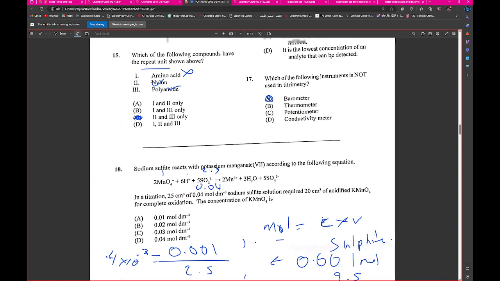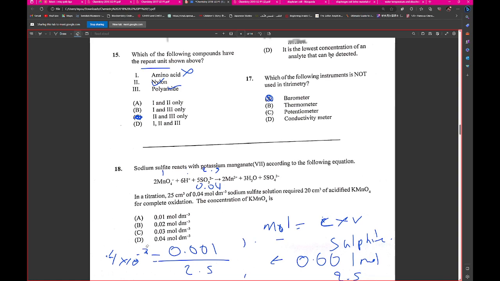So what are we continuing to do? Go ahead. Wouldn't we change the centimeters cubed on the volume to dm cubed to match with the concentration?